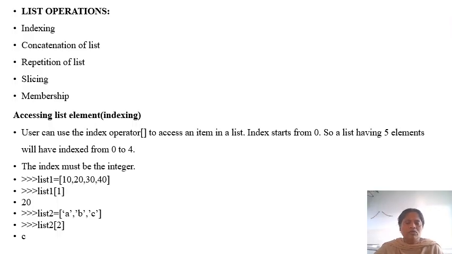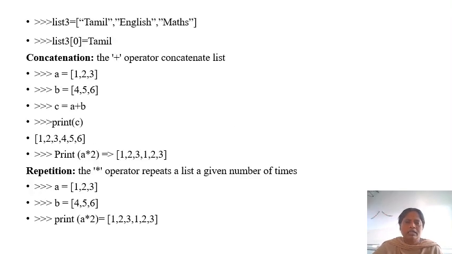Suppose we use another data type, A, B, C. When we access that element, the same procedure is followed. If I want to access the second position value, you can use the index. So whenever we need, we can access any element from the list using the index. That is called indexing.